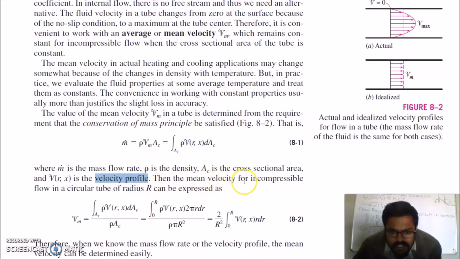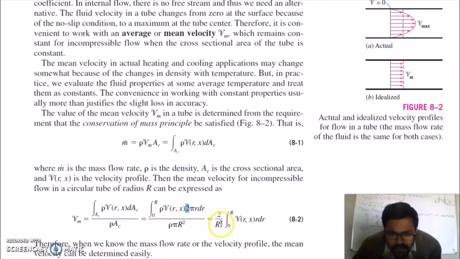Then the mean velocity for incompressible flow in a circular tube of radius R can be expressed as, so take the density and cross section area in the denominator side, you will get this relation. Put the value of dAc, which is 2 pi r dr. So take the constant term out of the integral, the 2 pi will cancel out.